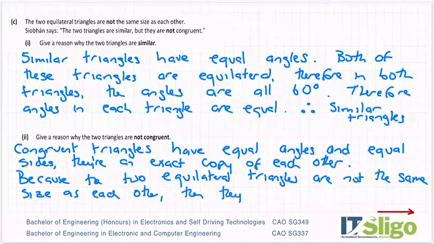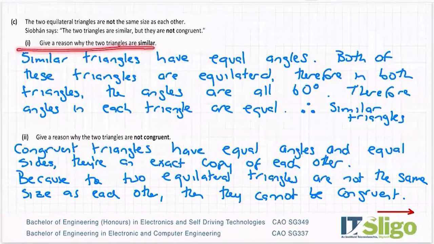Then they cannot be congruent. Okay, so I hope that makes sense, and you have to be very comfortable in especially paper 2. If you get asked a question in English, you have to answer it back in English.